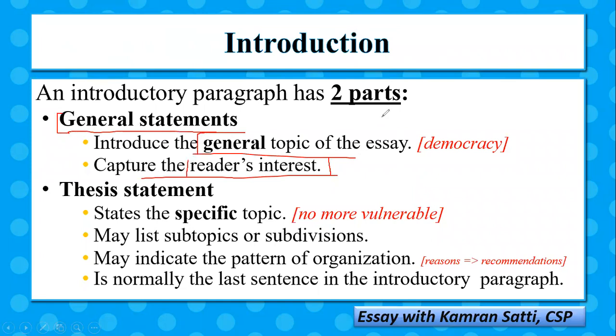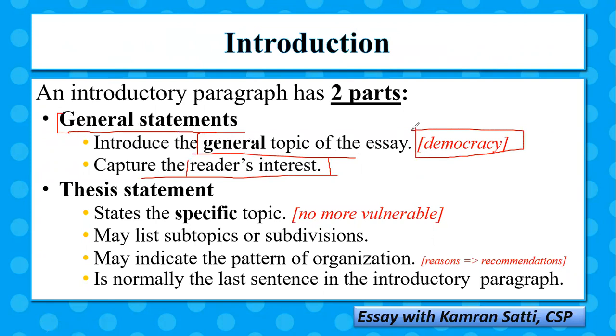Now, let's suppose the topic is from your past papers: Is democracy no more vulnerable in Pakistan? In that topic, democracy is the general topic. The topic suggests that we are going to write something about democracy.